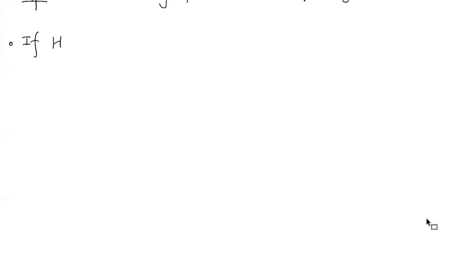Now, if our total Hamiltonian does not contain S, that is to say, spin is not part of the Hamiltonian, so usually that means we ignore the spin-orbit coupling.